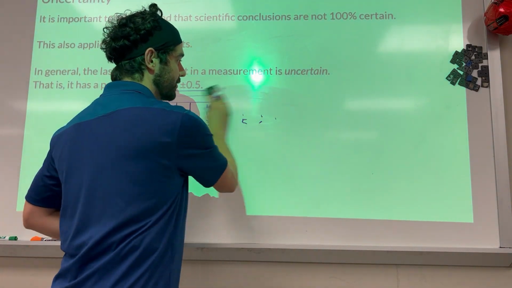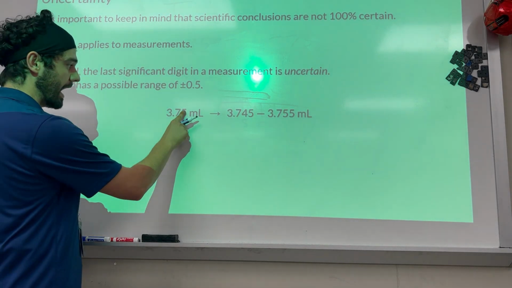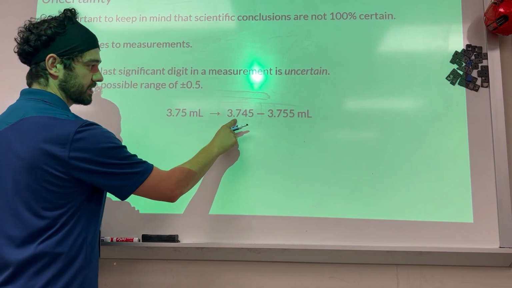And that's just the nature of making measurements in the real world. They're not entirely perfect. So if I write down 3.75 milliliters, what I really mean is a range where I go half of this place value below, 3.745, right?